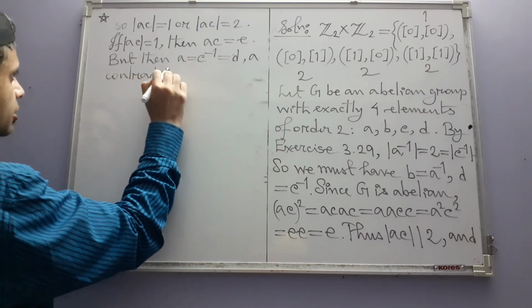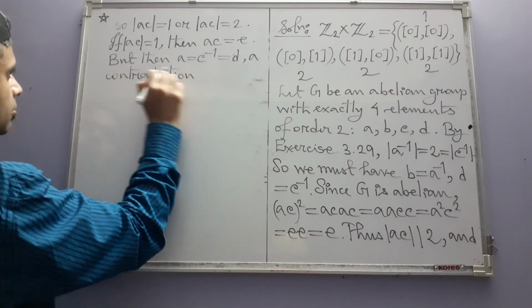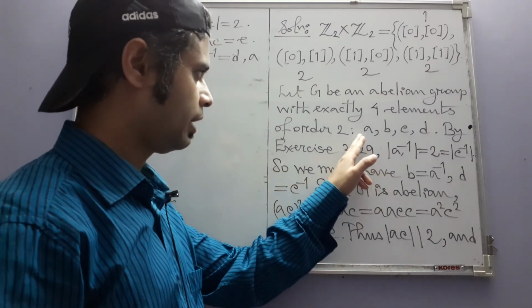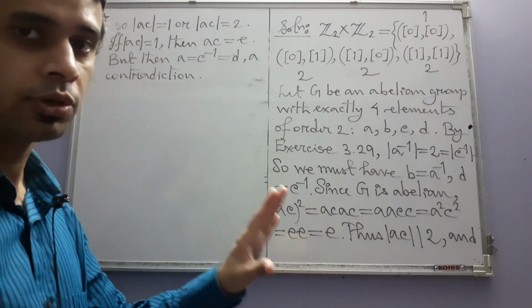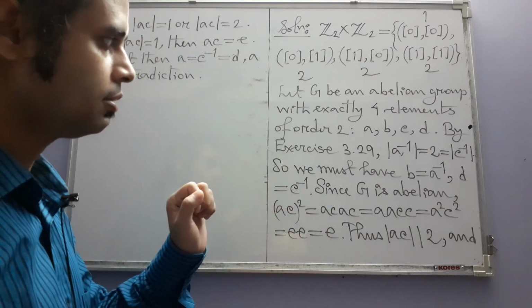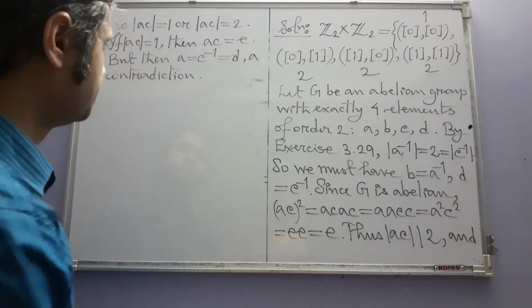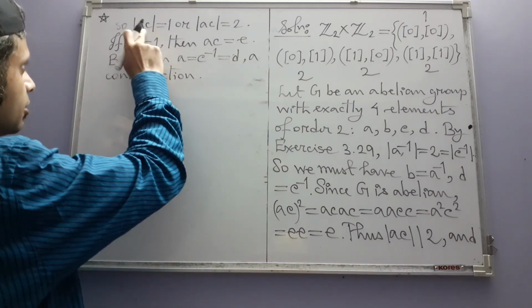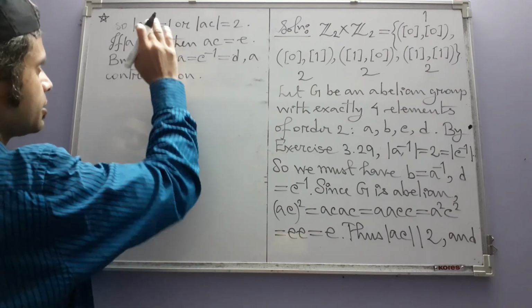What is being contradicted? Our assumption that A, B, C and D are 4 elements of order 2 in the group, so they are distinct. But here we find that A is equal to D. So that means the order of AC cannot be 1. This case cannot arise.